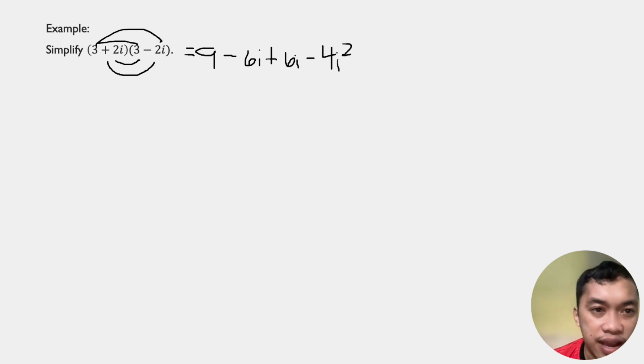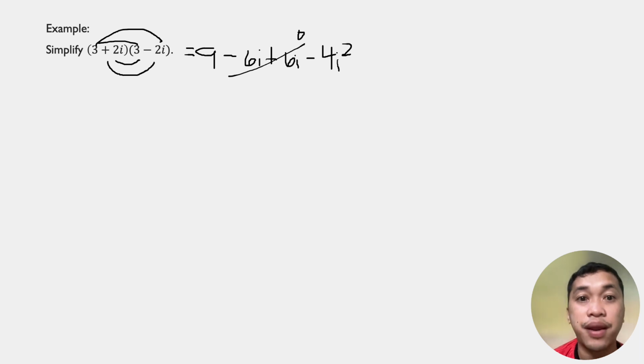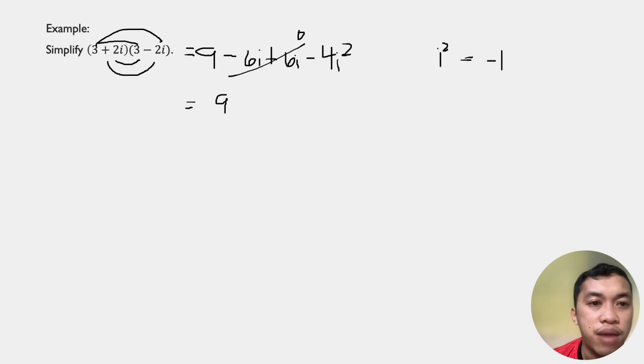As you can see, negative 6i plus 6i is just equal to 0. Then let's apply the fact that i squared is equal to negative 1, as per our definition earlier. So we will have 9 minus 4, and we replace i squared with negative 1.